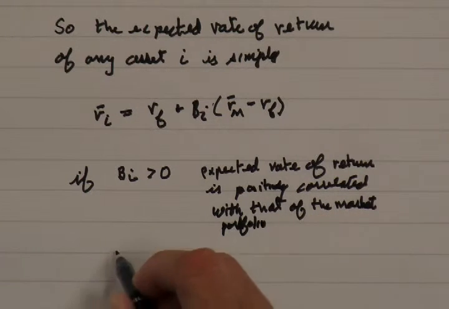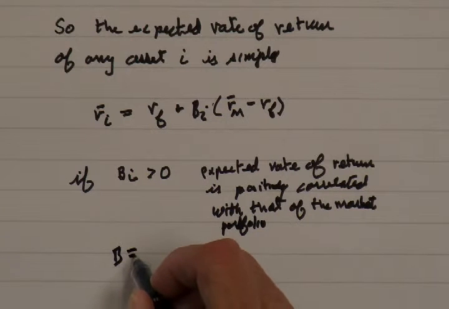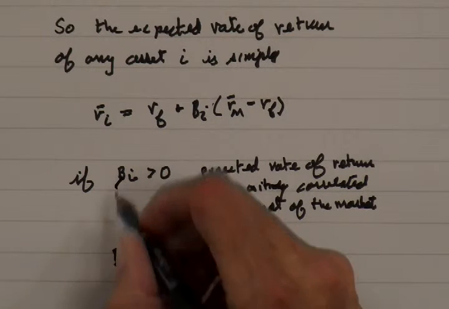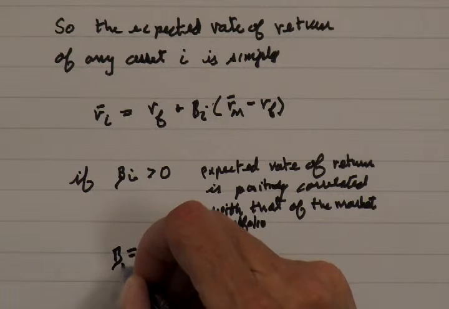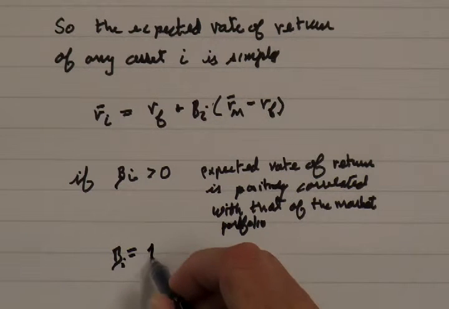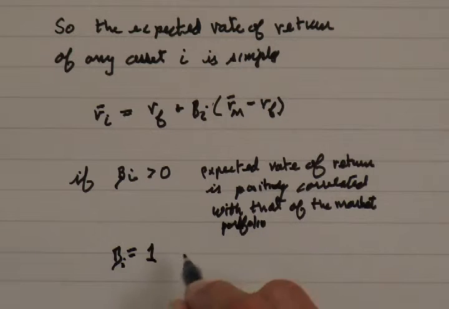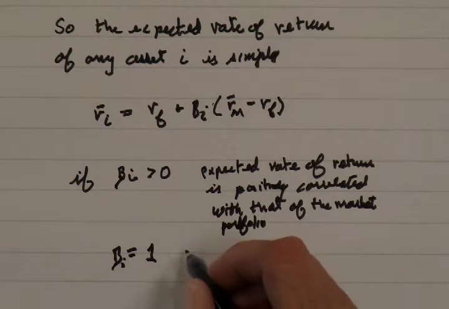In fact, if beta I equals 1, then asset I and the market are in lockstep.